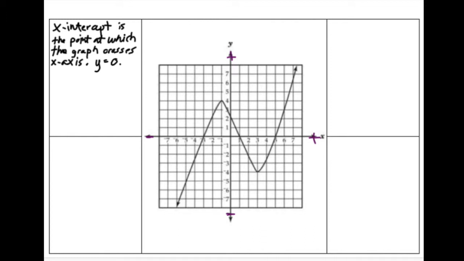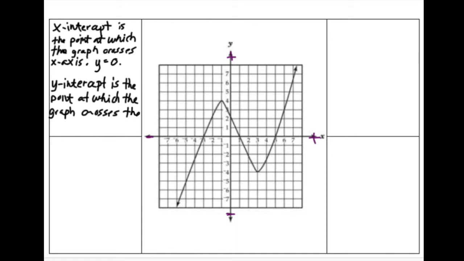So the y-intercept would be the opposite of the x-intercept, right? The y-intercept is the point at which the graph crosses the y-axis, and this is where x equals 0.